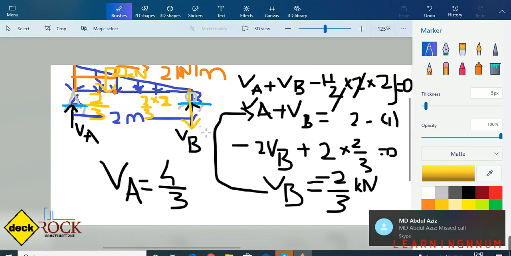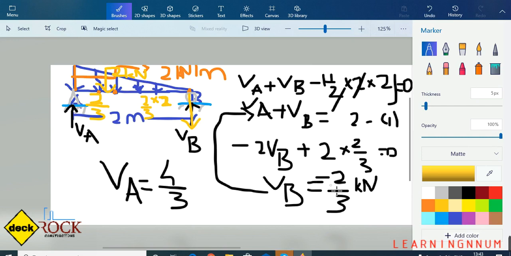VB would be downward in that case. Understanding? Yes, sir. Now we got VB as positive, so it would remain the same. This is the manner in which you find out reactions.